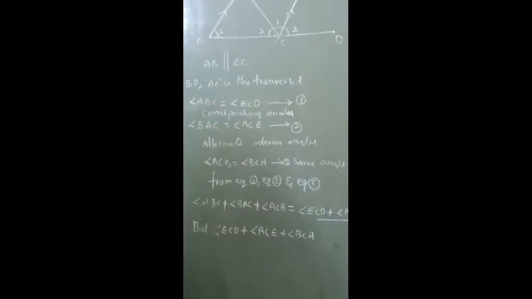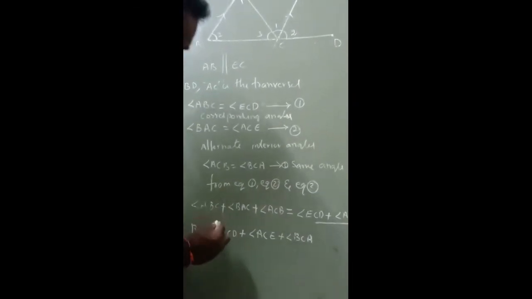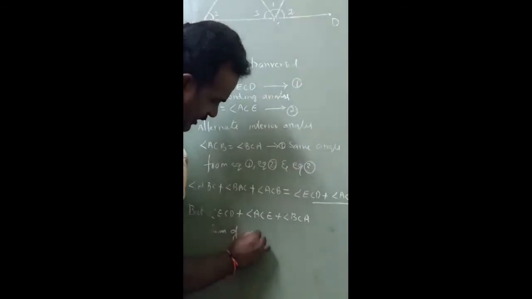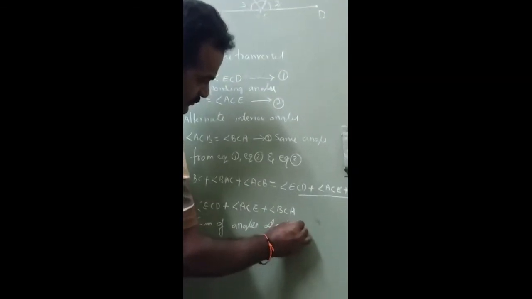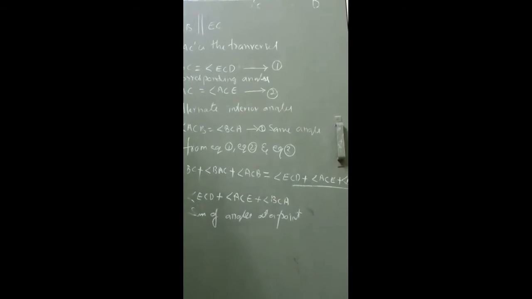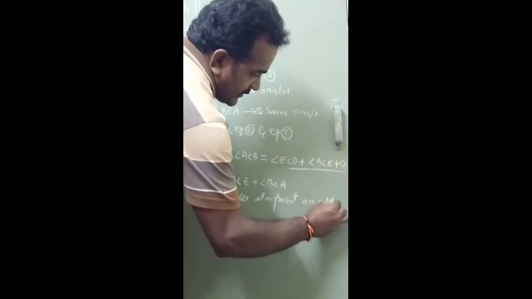This is the sum of angles at a point. Sum of angles at a point. What does the point say? On a straight line.